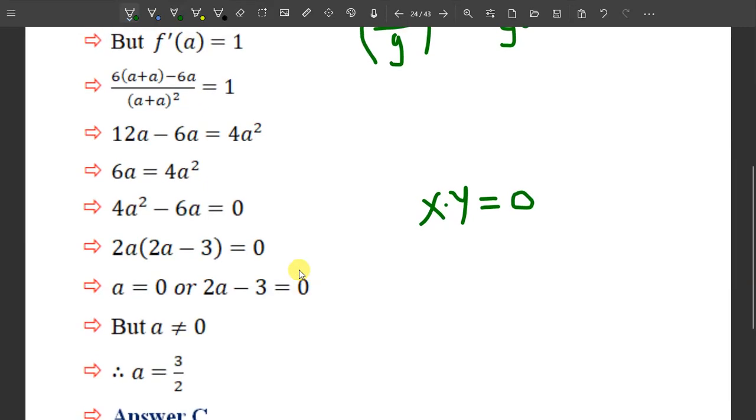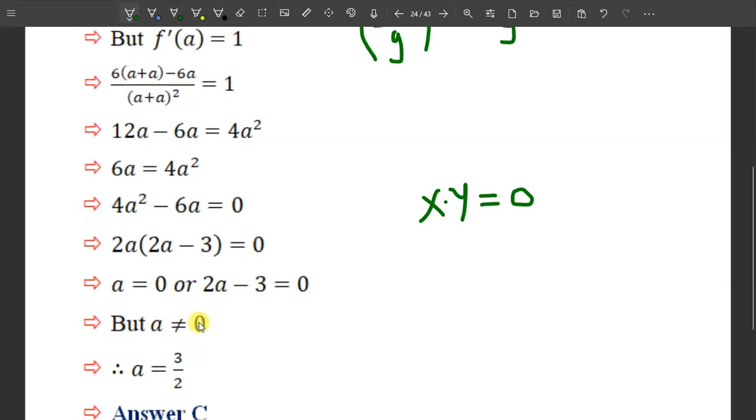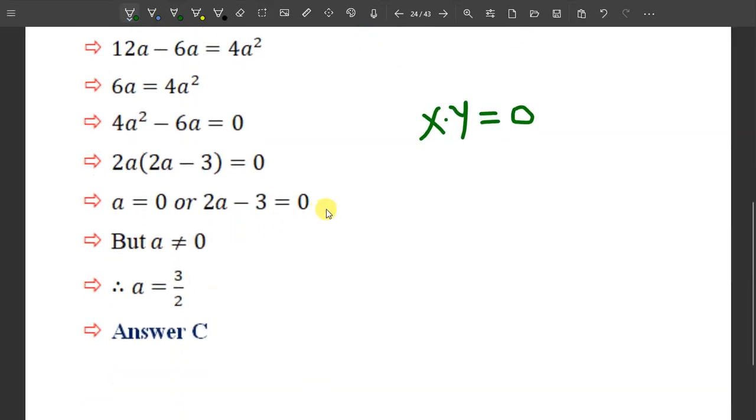But our a cannot be 0, because if a is 0, then f prime cannot be defined, since the denominator becomes 0. There is no number which is divided by 0 and gives us a number, a real number or complex number or whatever it is. Therefore, a must be restricted as a cannot be 0, and therefore 2a minus 3 is equal to 0.